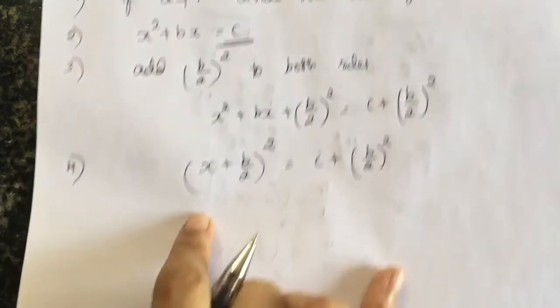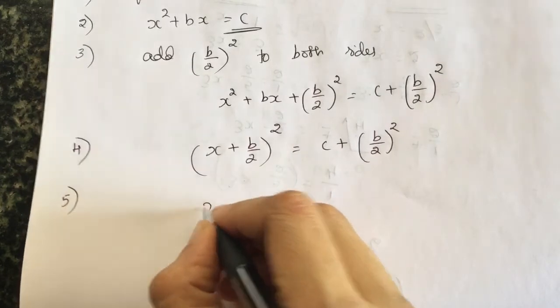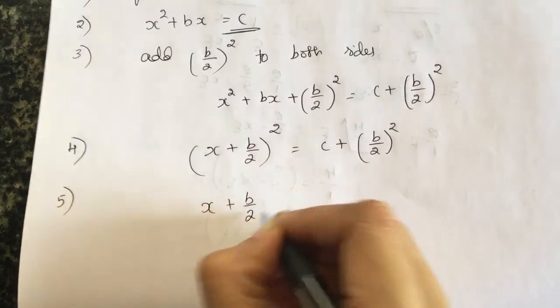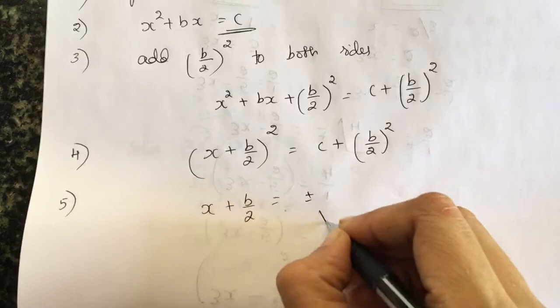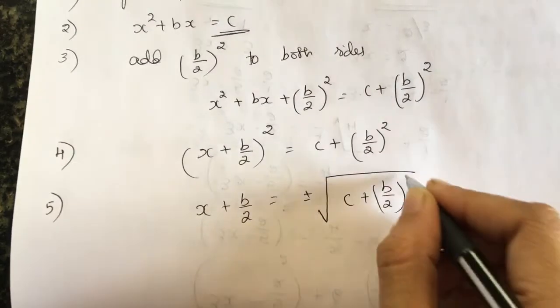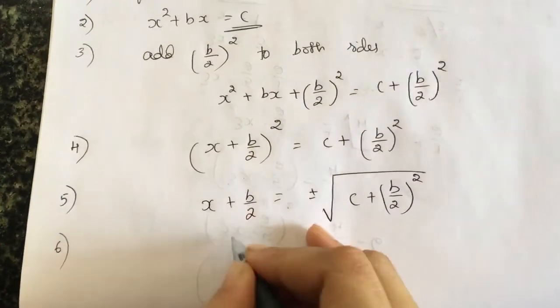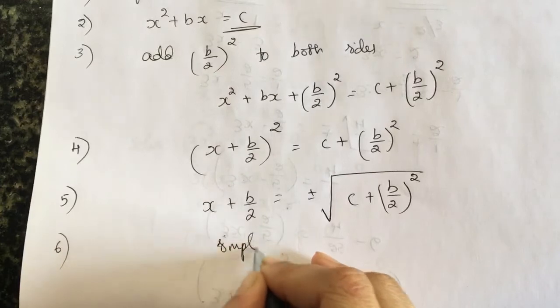Now take the square root on both sides, so that you get x plus b by 2 equal to plus or minus root of c plus b by 2 whole square.